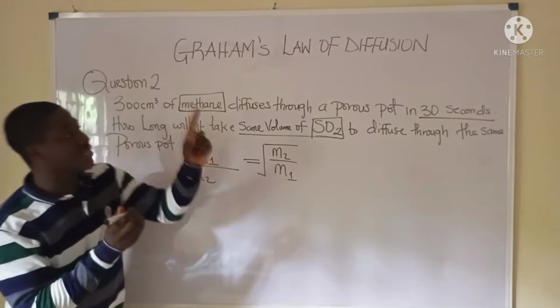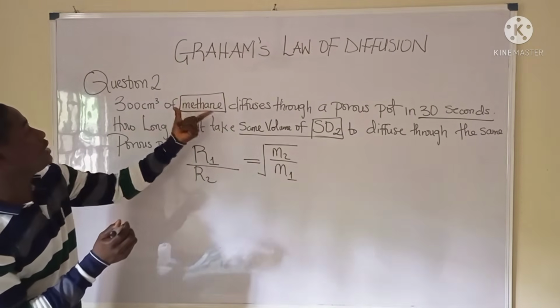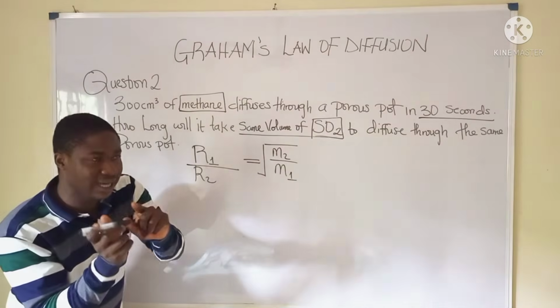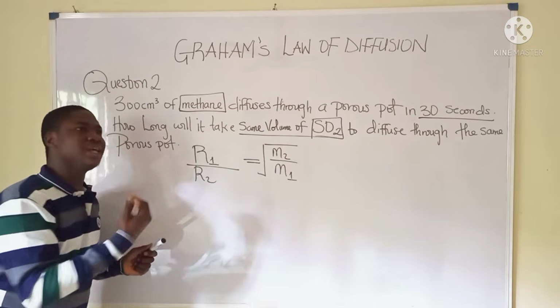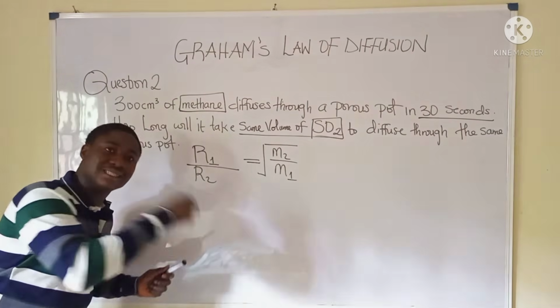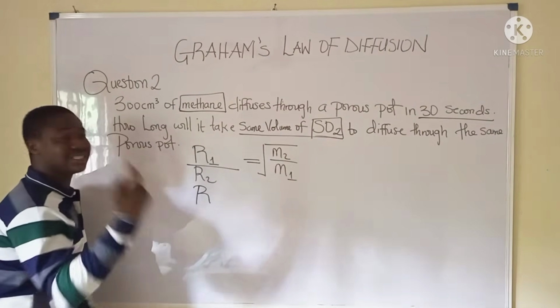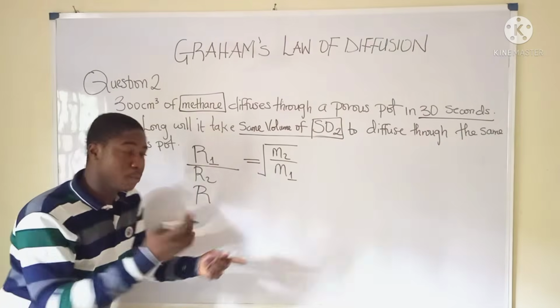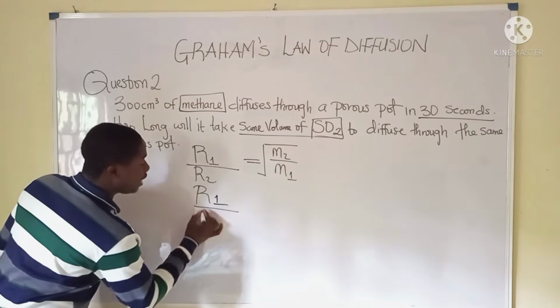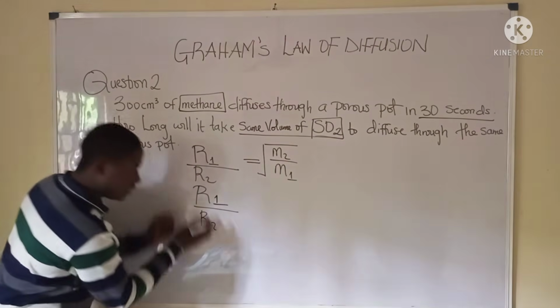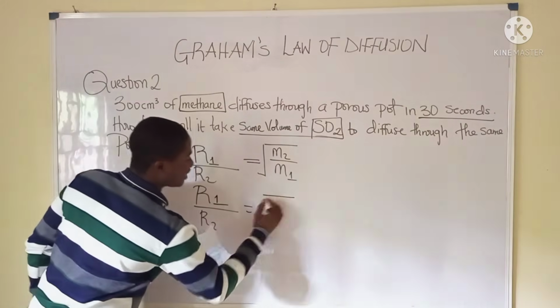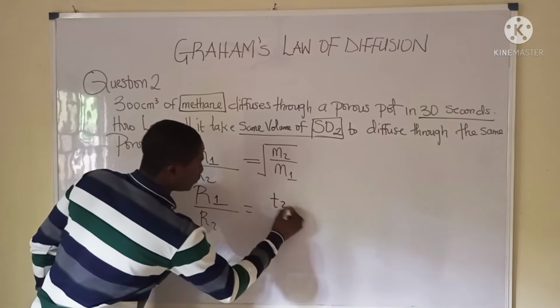And we were given time, and this time is for the methane gas. And what is the relationship between rate and time? The relationship between rate and time, it means that they are inversely proportional. So whenever rate is increasing, it means that time will decrease.